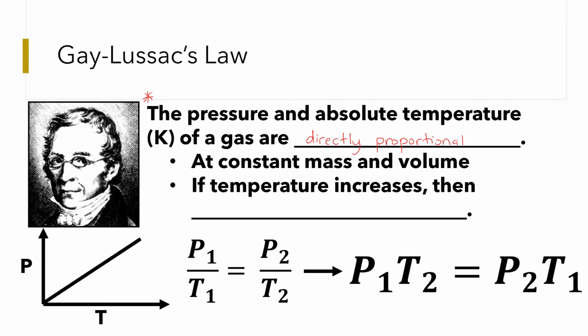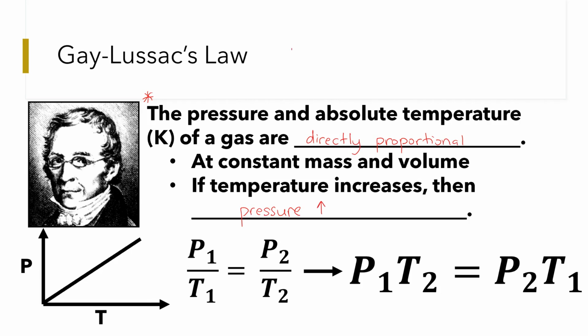So this occurs at constant mass and volume, and like mentioned yesterday, we're going to talk on that a little later on. And if temperature increases, then we know pressure increases as well. And I could use variables and arrows just like the other laws.